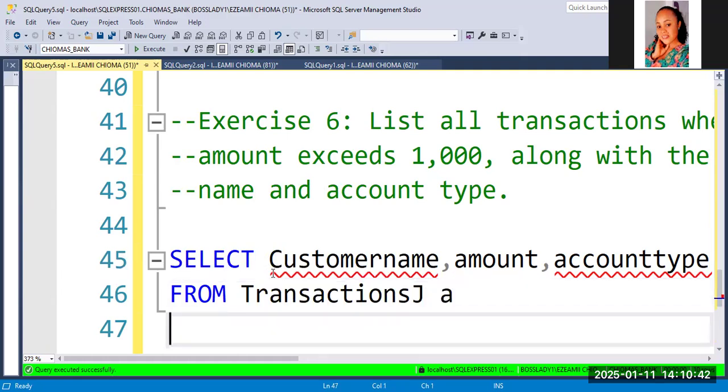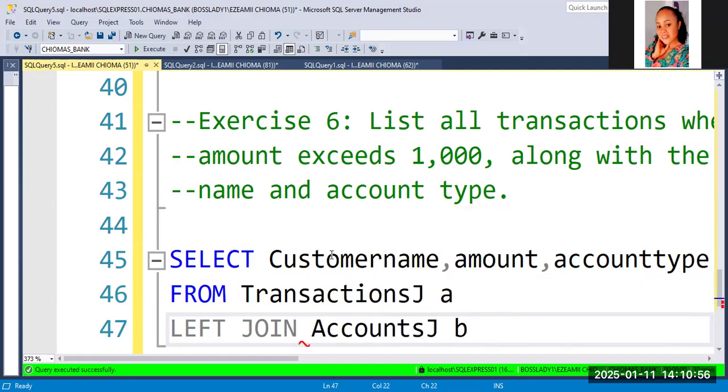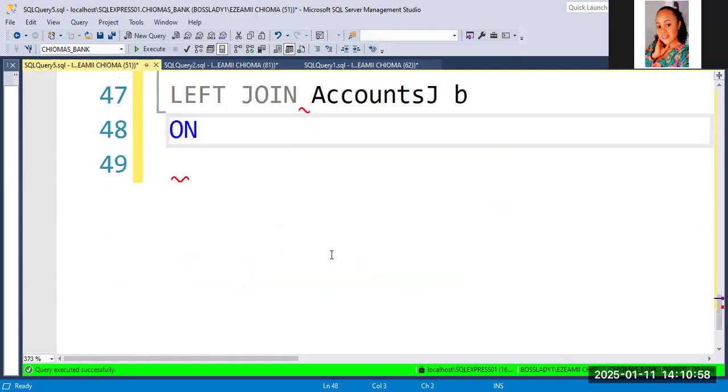A, left join our account table. We give it B on. What are we joining on?